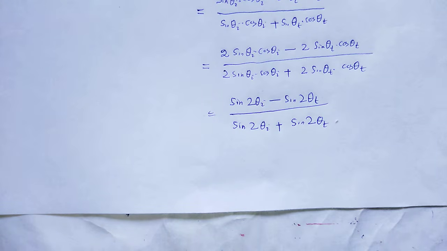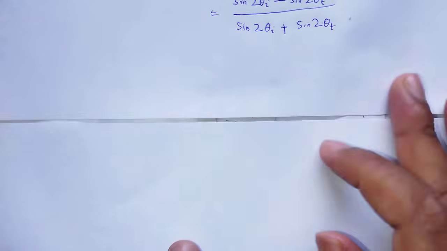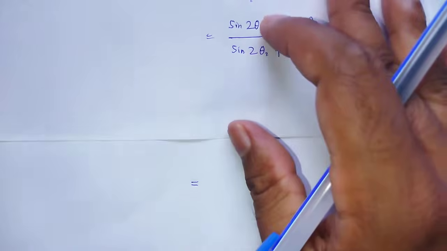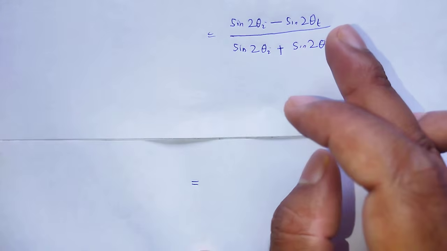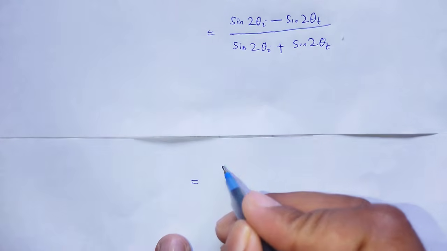Coming to another page. Using sin A minus sin B, the relation is 2 cos of (A plus B) by 2 into sin of (A minus B) by 2.